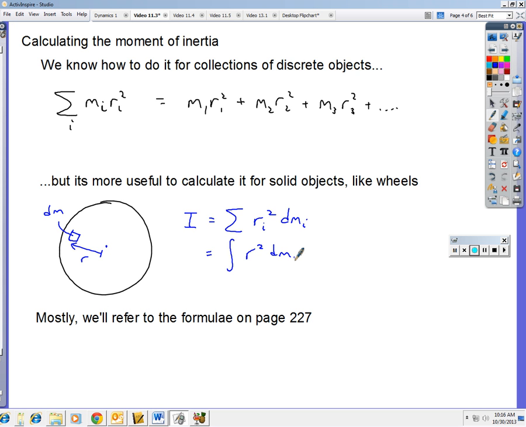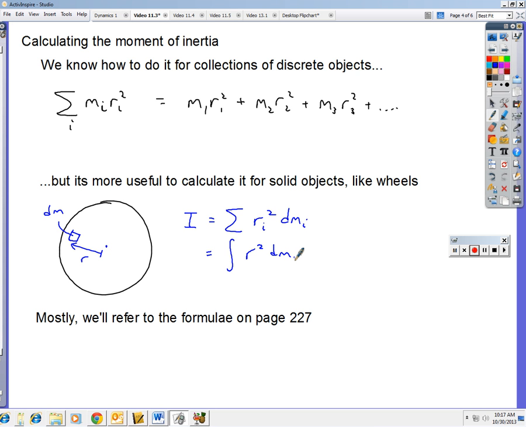Now, for those of you in Calc BC, you should, at some point this year, learn how to do calculations of this sort, two-dimensional integrals. I'm not going to show you how to do this in this class yet. We might do it near the end of the year once you have more calculus under your belts.